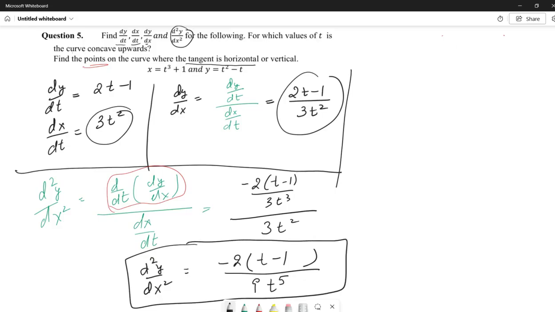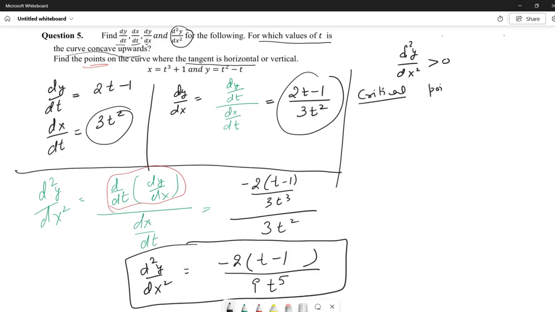Now the question is, for which values of t is the graph concave up and concave down. For that, we need to figure out when the second derivative is positive, because concave upwards means the second derivative is positive. For that, we need to find critical points.